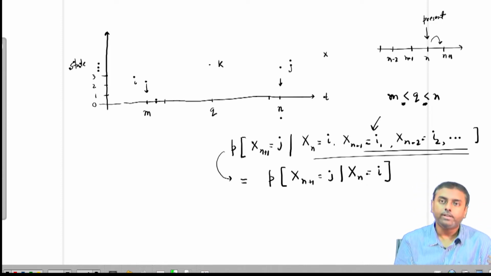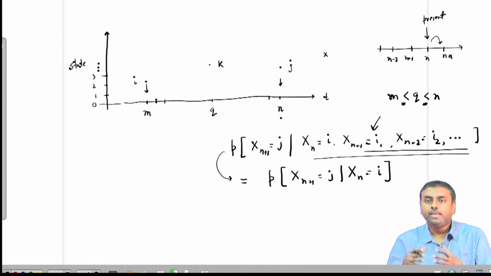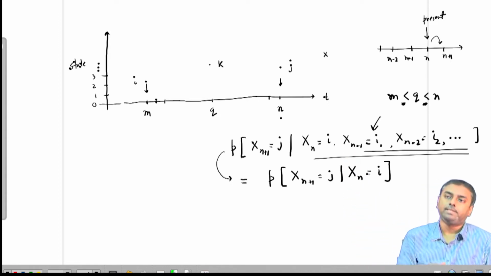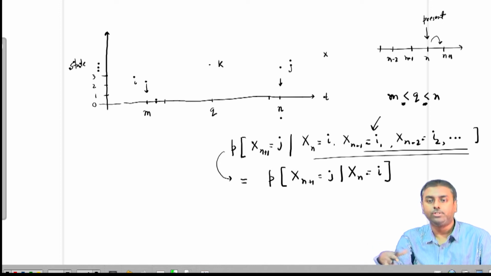All other things are not important, because whether they are there or not, the associated probability and behavior will be the same. So my prediction probability will remain the same even if I have some other observation in the past. Those observations, even if they change, are not going to influence it.